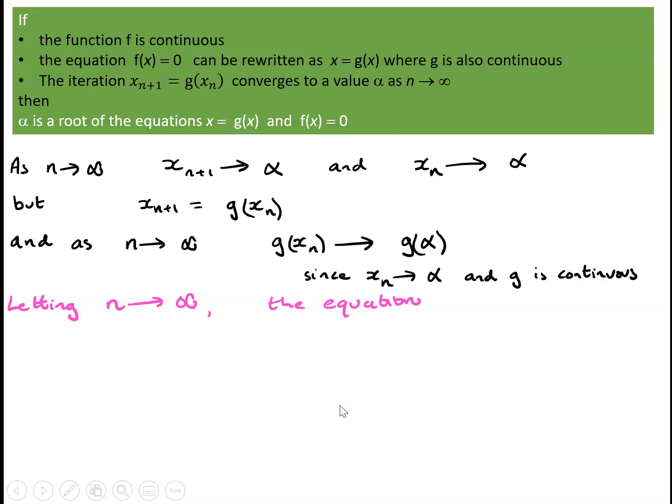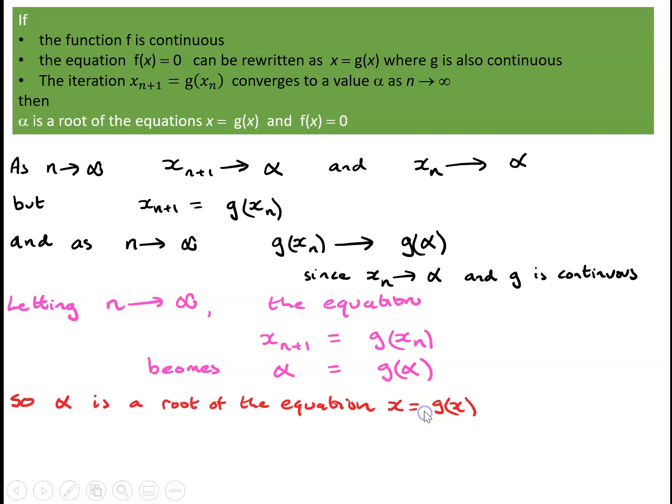So the equation xn plus 1 equals g of xn just becomes alpha equals g of alpha.